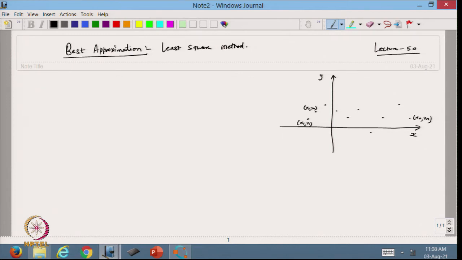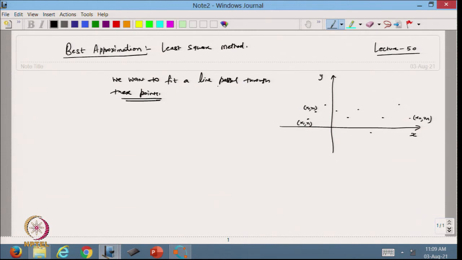So in this case, now the question is that we want to fit a line passing through these points.